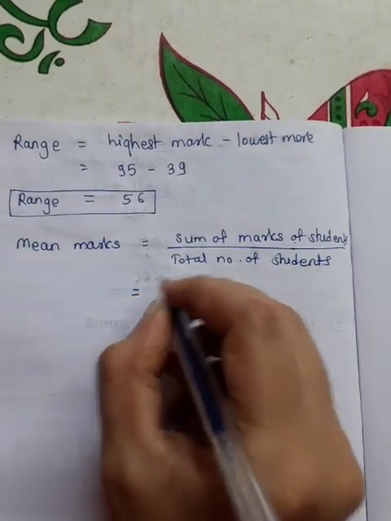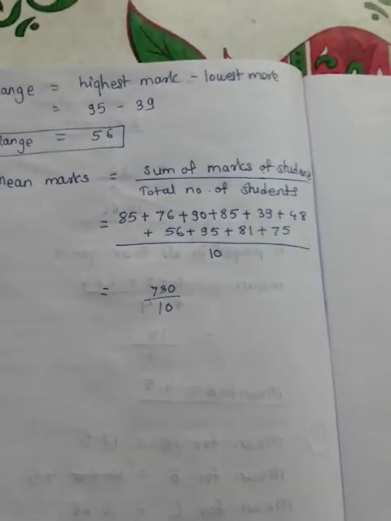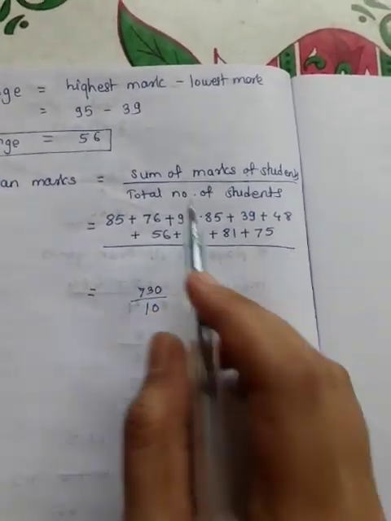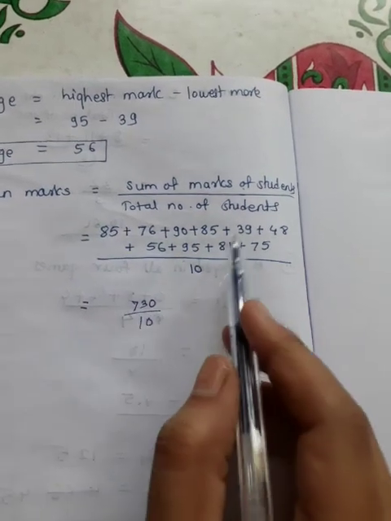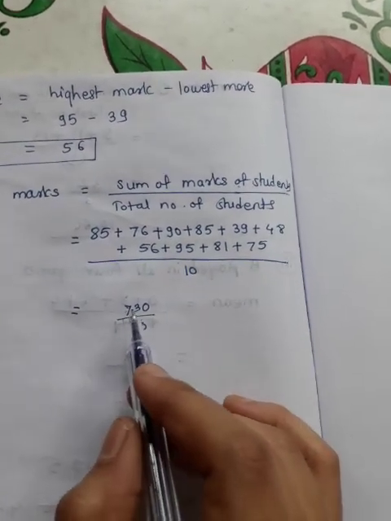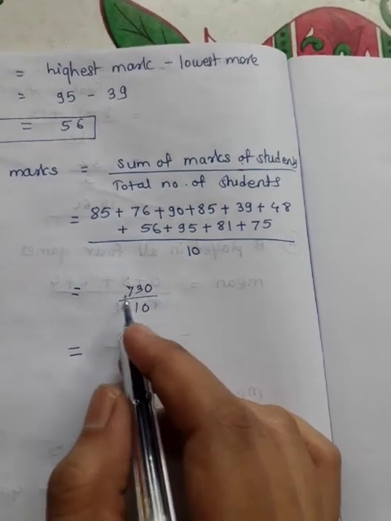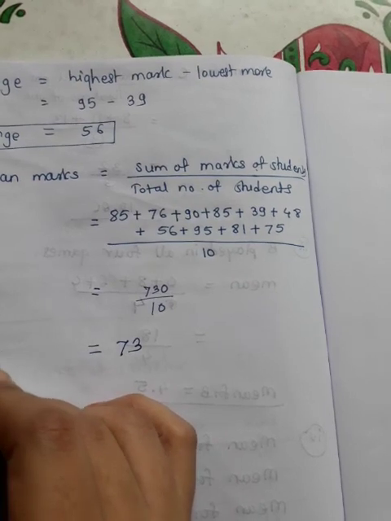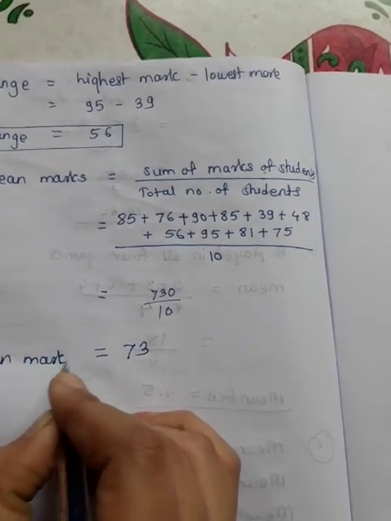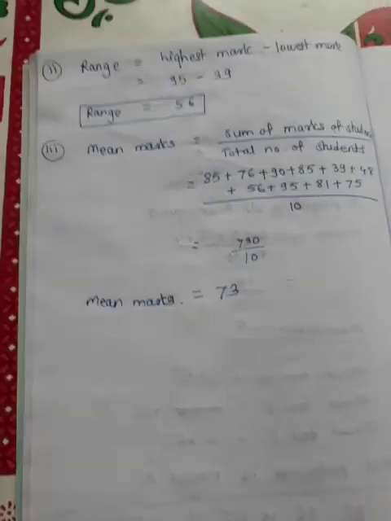The sum of marks of 10 students divided by 10 gives 730 divided by 10, so we get 73. So the mean marks obtained by the students are 73. Now we have completed question number 6.